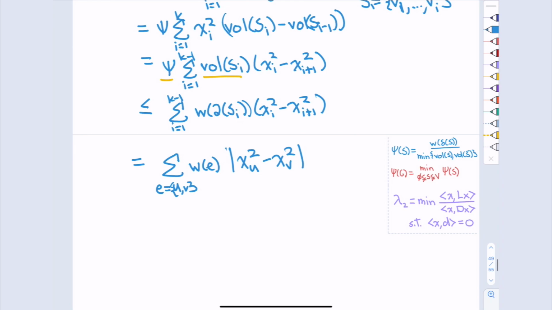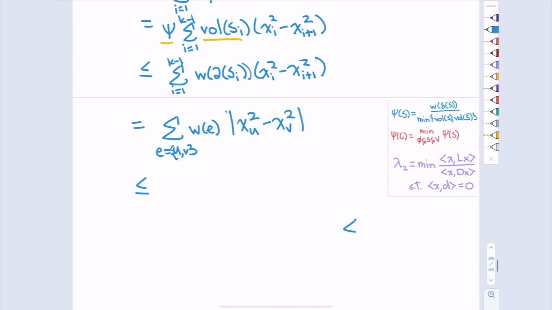Okay. And then here comes the moment you've all been waiting for, which is where you get to use the Cauchy-Schwarz inequality. If you don't know, u·v is less than or equal to norm u times norm v. Each of these is like w_e times xu minus xv, times xu plus xv with some absolute values around it.